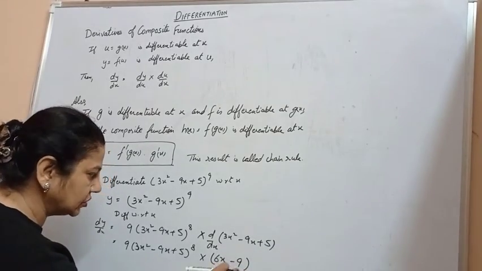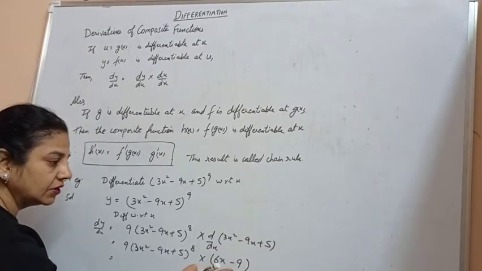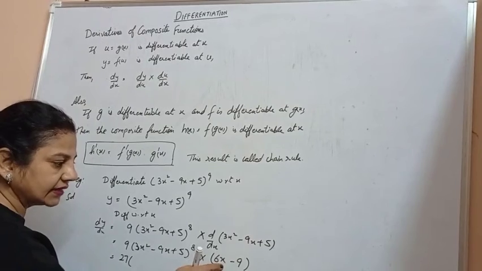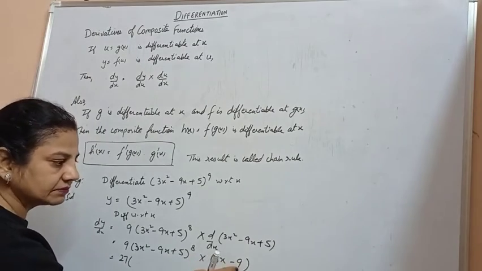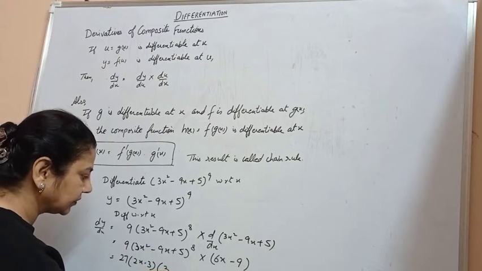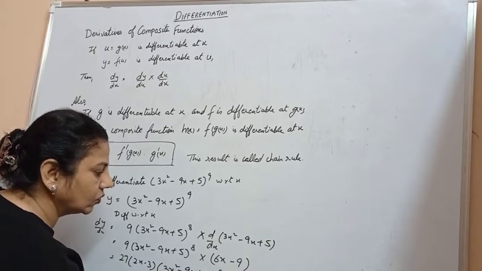So I can take 3 common. We have 3 into 3, which gives 27, and as I take 3 common, I am left with 2x − 3, and the bracket (3x² − 9x + 5) to the power 8.